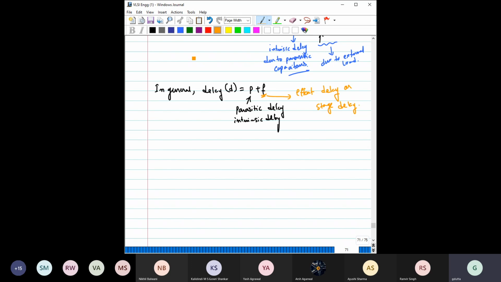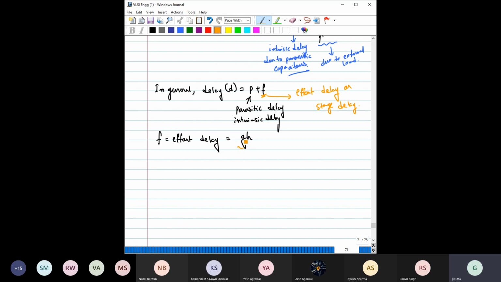So let me put it again here. This F is the effort delay. Now we'll write it like this: effort delay is equal to G into H. We will discuss all these things individually.